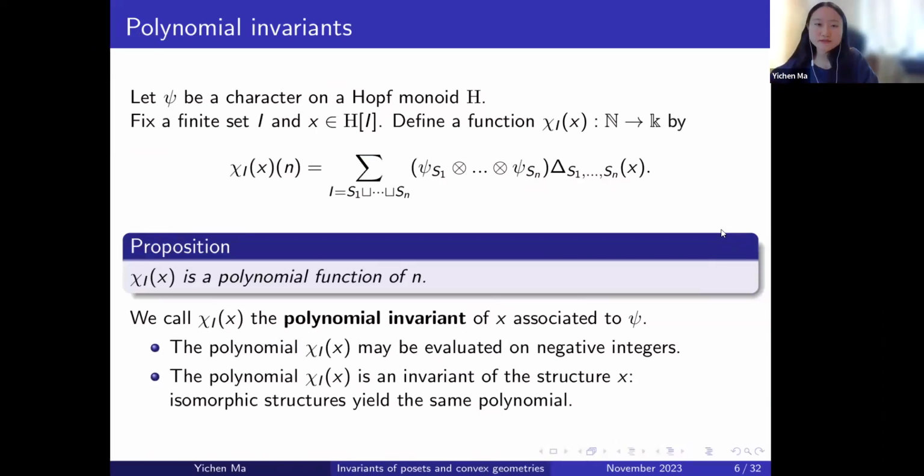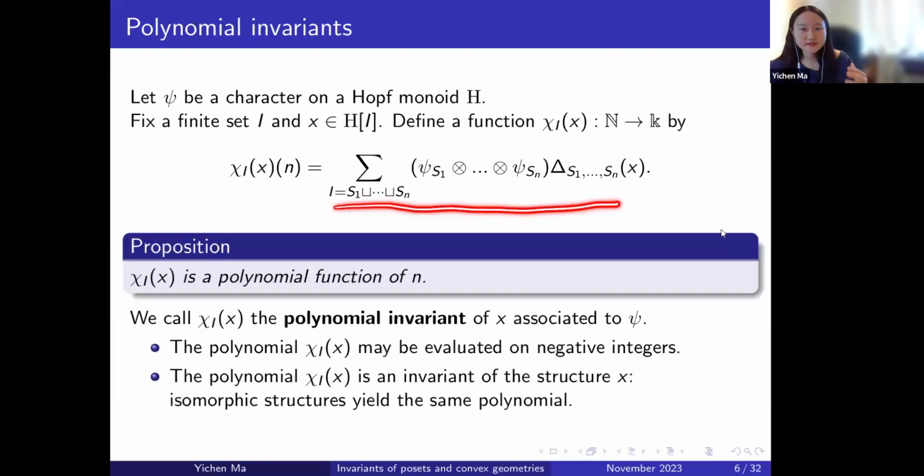Now we fix a Hopf monoid and a character. The polynomial invariant is a function from the natural numbers to our field K. Again, we run over decompositions of I, but now the length of the decomposition is n, so it depends on the natural number.